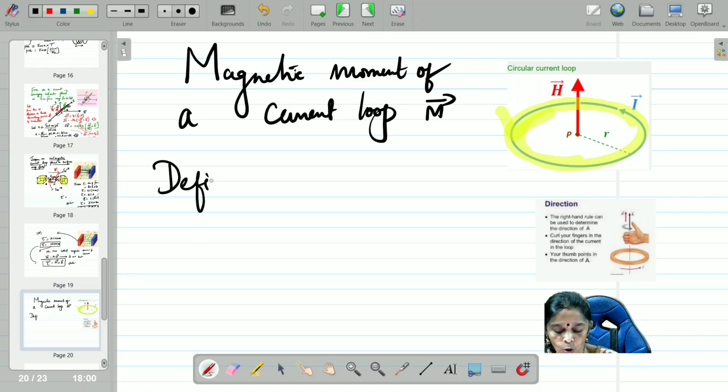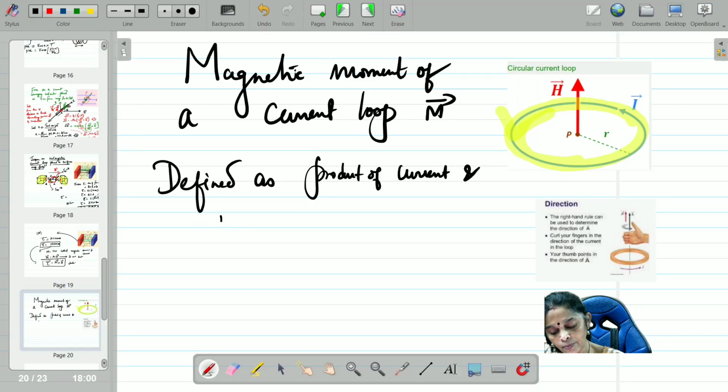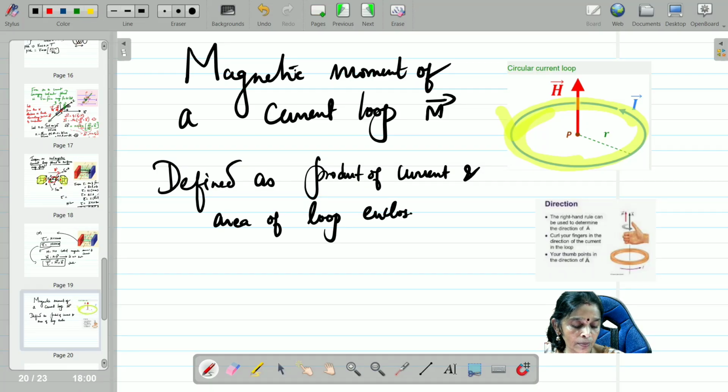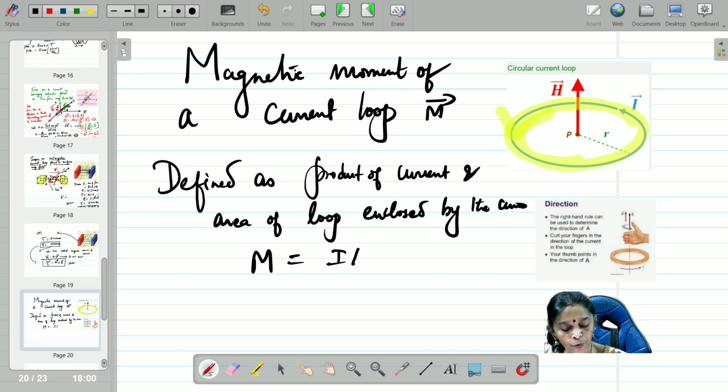It is defined as the product of current and the area vector of the loop, the area of the loop enclosed by the current. That is, M is equal to I into A. For N turns of the coil, M is equal to NIA.